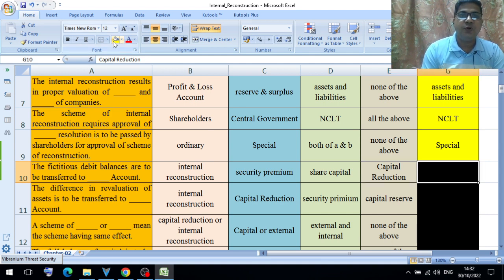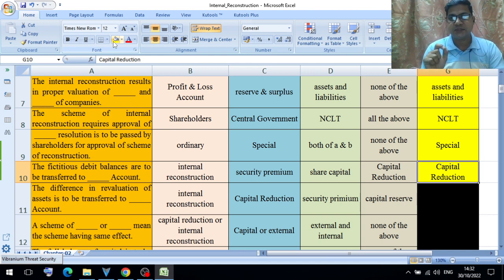Here the appropriate answer is capital reduction. Fictitious assets, for example, the profit and loss account debit balance. Assets which are fictitious in nature, such assets we will transfer to the capital reduction account.